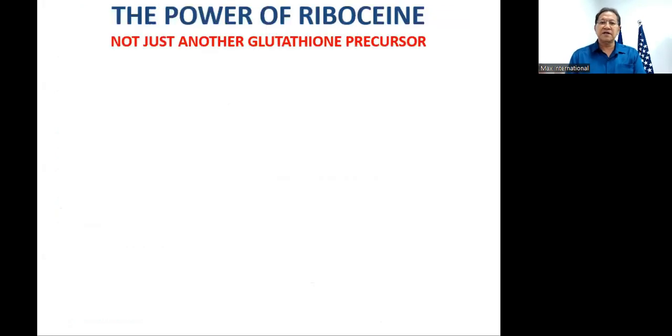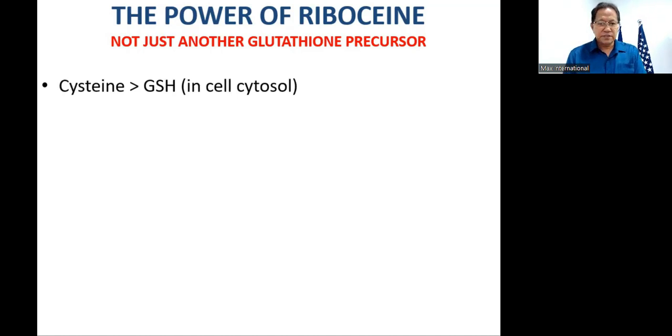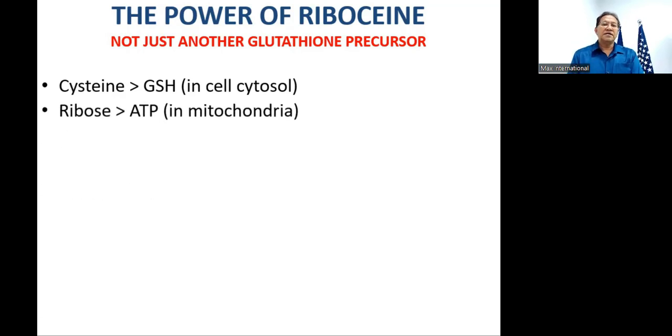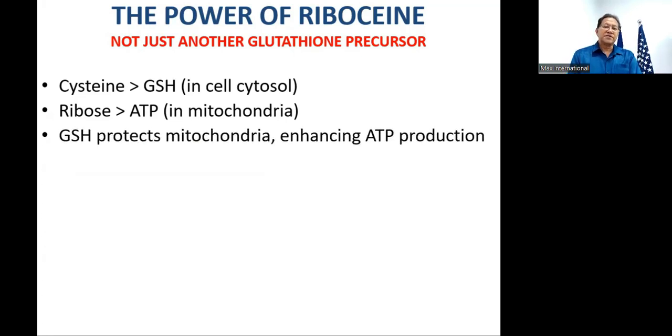Okay, so here comes the role of ribosine, which is not just another glutathione precursor, but it has stabilized cysteine, which will enable the cell to produce glutathione. And it has ribose, which will increase the ATP, which is not only required for the production of glutathione, but now we know it's especially important in autism, right? Because the problem is in their mitochondria. Glutathione protects mitochondria, therefore enhancing ATP production.